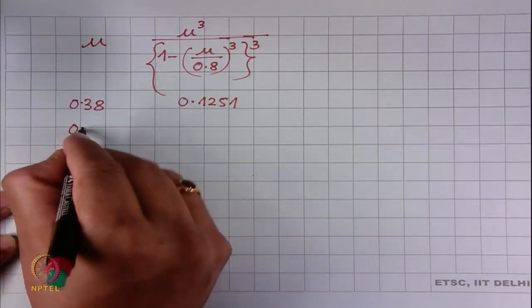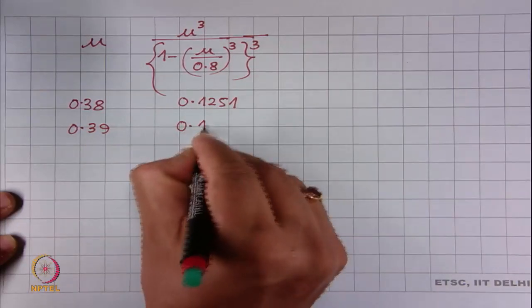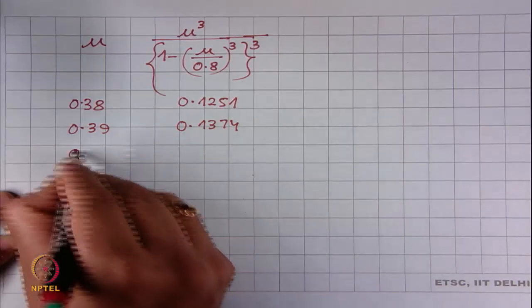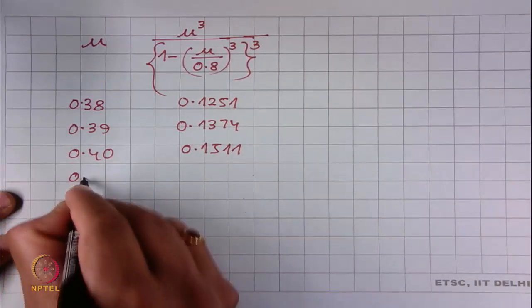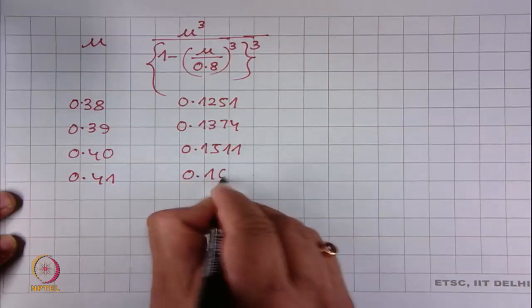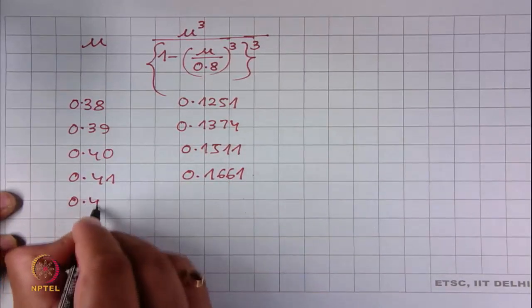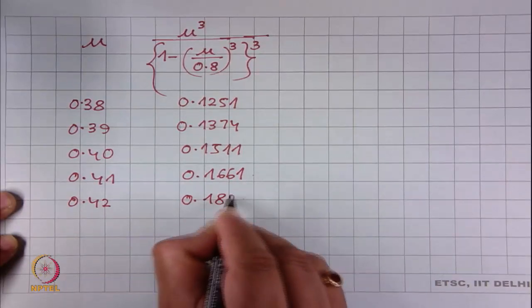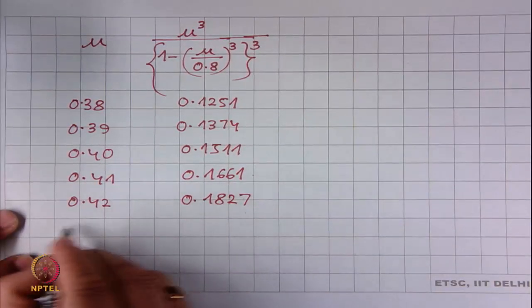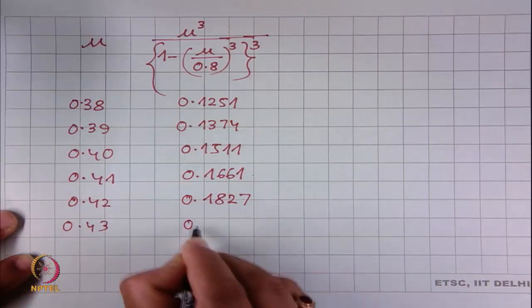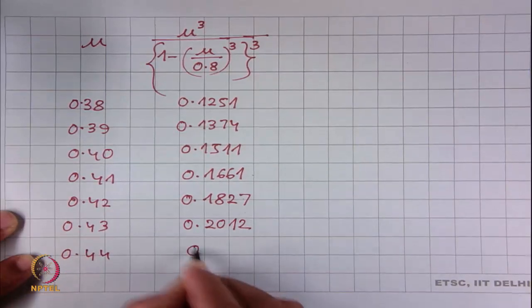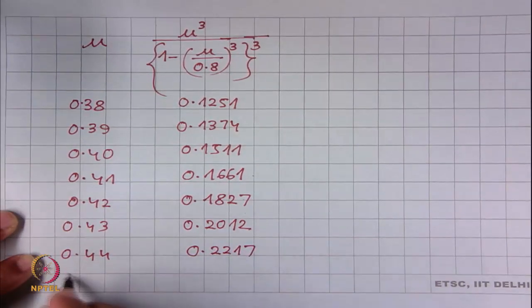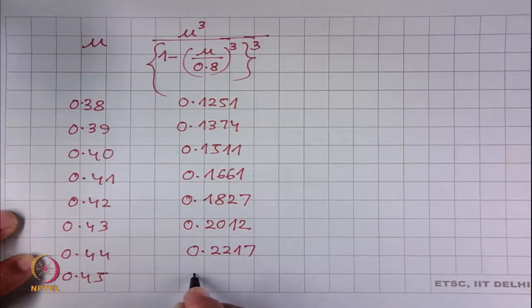Similarly, 0.39 you will find 0.1374, 0.40 you will find 0.1511, 0.41 you will find 0.1661, 0.42 you will find 0.1827, 0.43 you will find 0.2012, 0.44 you will find 0.2217, 0.45 you will find 0.2446.